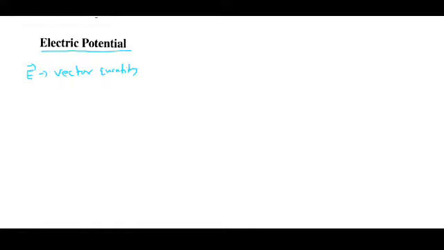Explaining all the phenomena arising from electric charges using the electric field is very difficult, because we have to always obey the laws of vectors while adding, subtracting, multiplying and taking dot products. But the electric potential, denoted by V, is a scalar quantity.